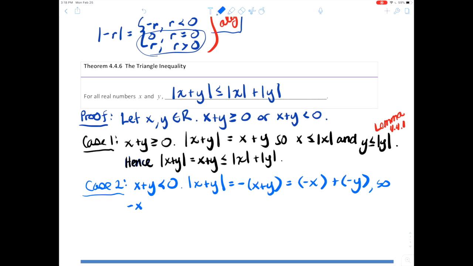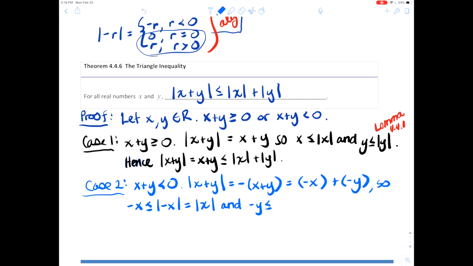Well, negative x is going to be less than or equal to absolute negative x. But what did we say absolute negative x was? Beautiful. Absolute x. And same with the y.